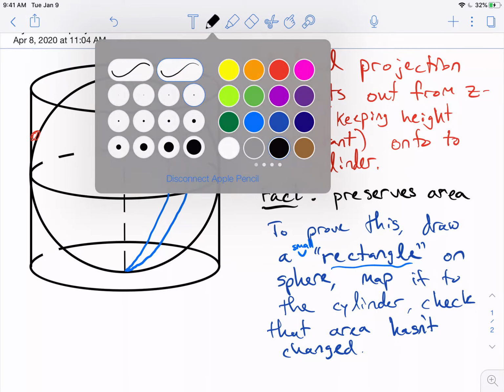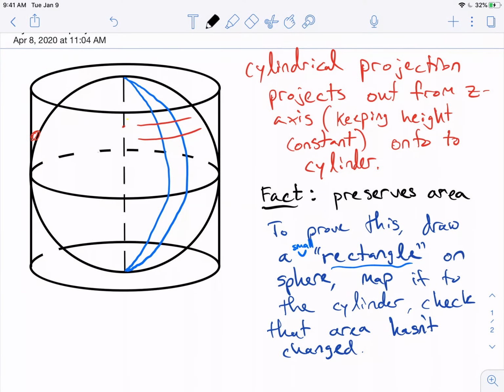And so it should be even more surprising that area is preserved in this picture. However, it turns out what we're going to show is that the distortion, which expands the top and bottom sides and decreases the left and right sides, does the expansion and the decrease in the exact correct way so that the total area is in fact preserved.